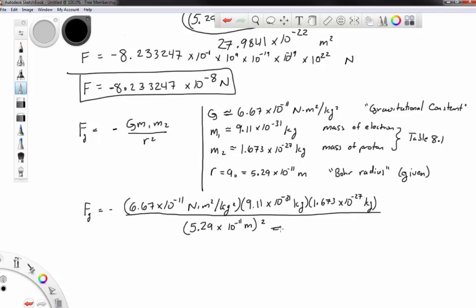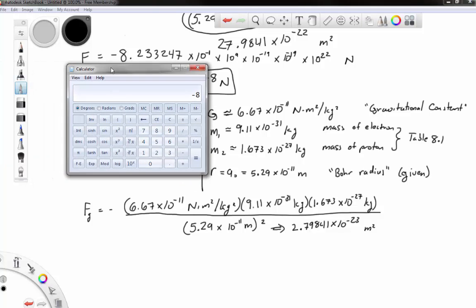And this thing we found in the previous part of this problem is actually 2.79841 times 10 to the minus 23 meters squared. So it looks like we're ready for the calculator to come out.